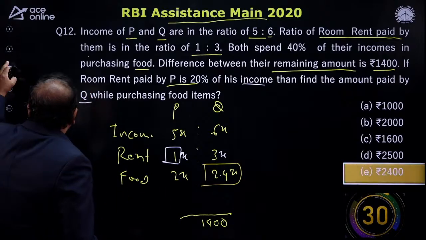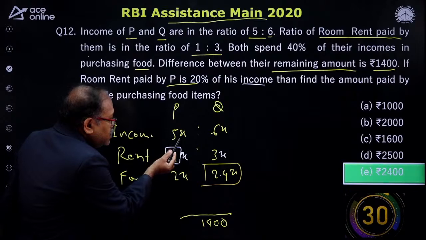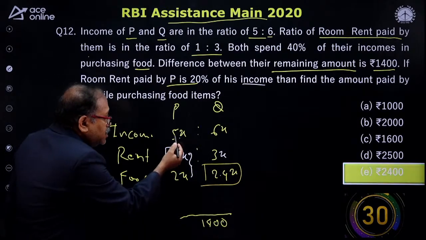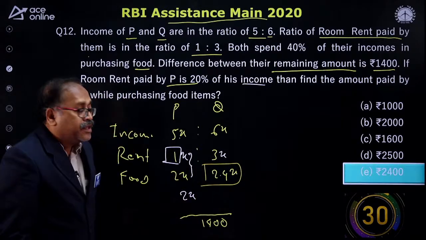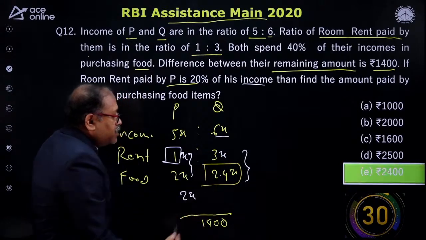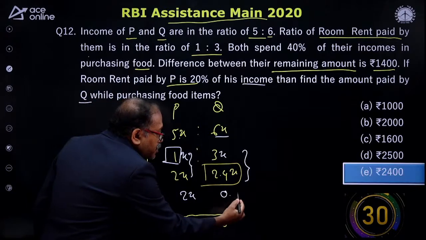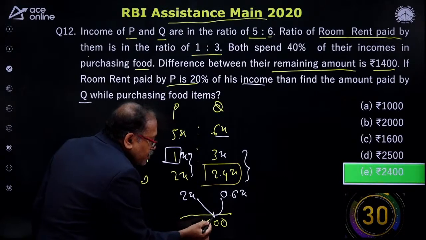Subba Reddy is right. Ramna, it is not 2000, it is 2400. Look at this one. All the structure is in front of you. So what is the saving? Here the income is 5x and the expenditure is 3x, so the saving is 5x minus 3x, which is 2x. And here the income is 6x and the expenditure is 5.4x. That means the saving is 0.6x and the difference of savings is already given as 1400.